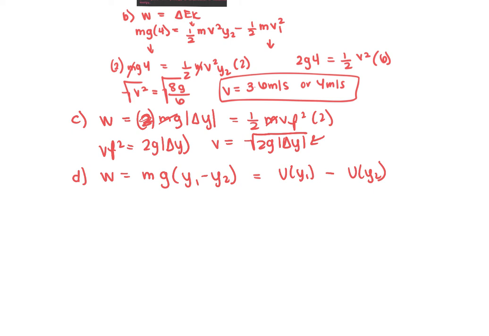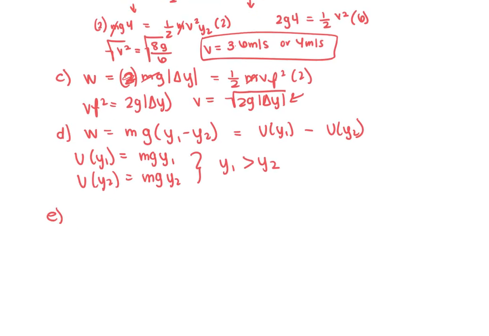So basically, the potential energy of y1 is equal to mass times gravity times y1. Potential energy of y2 is equal to mass times the gravity of y2. And the rule that applies to this is that y1 is greater than y2. And that has to be valid.